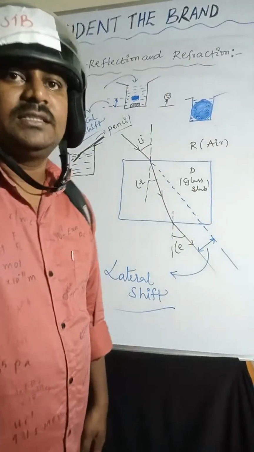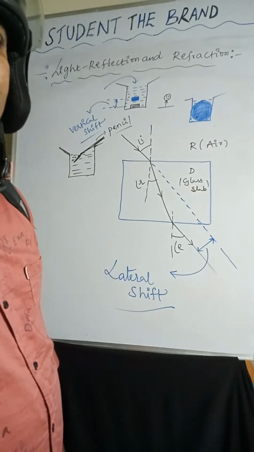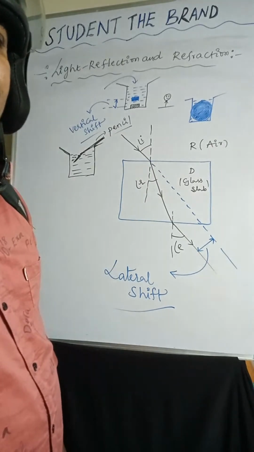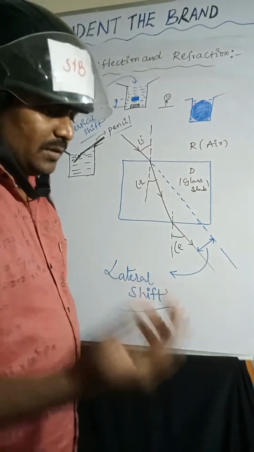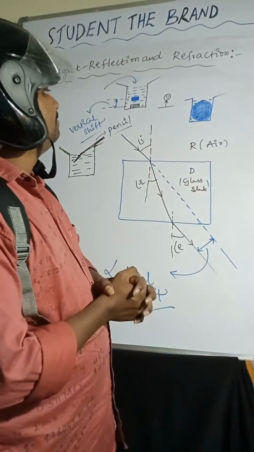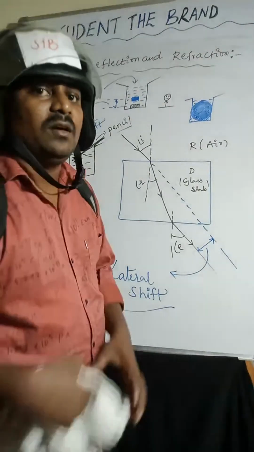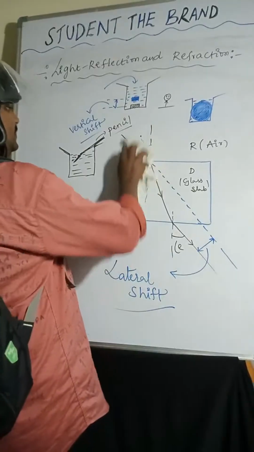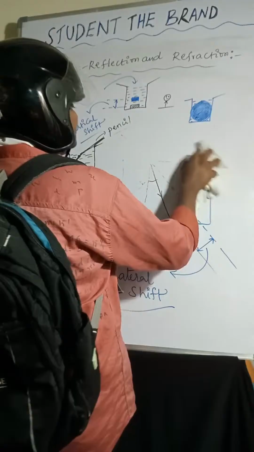Now we will discuss one more concept, that is lens: convex lens and concave lens.